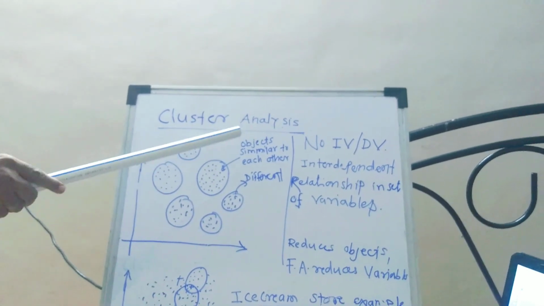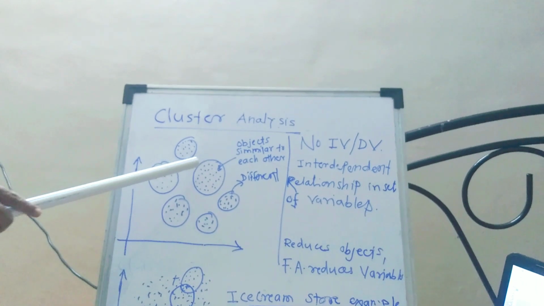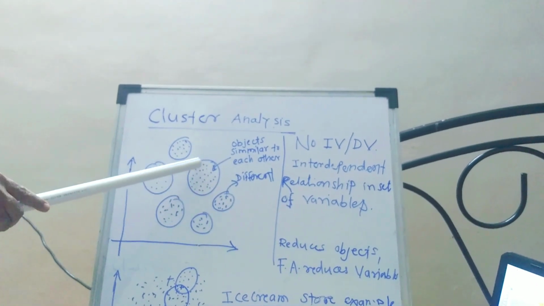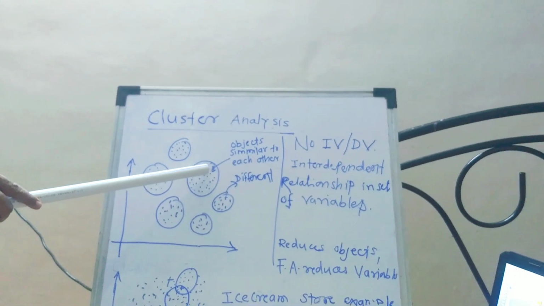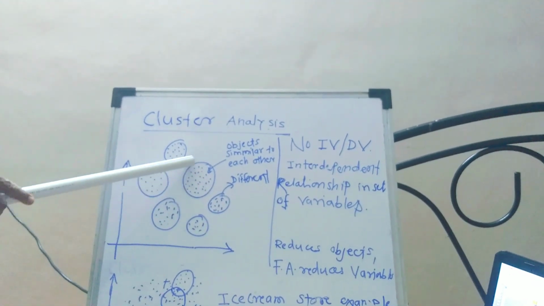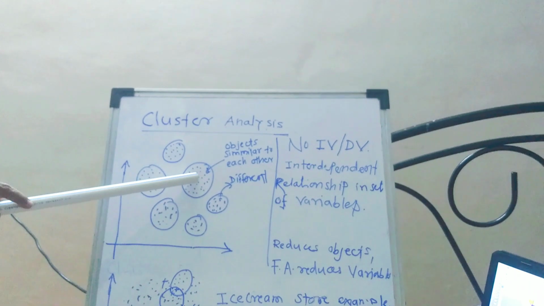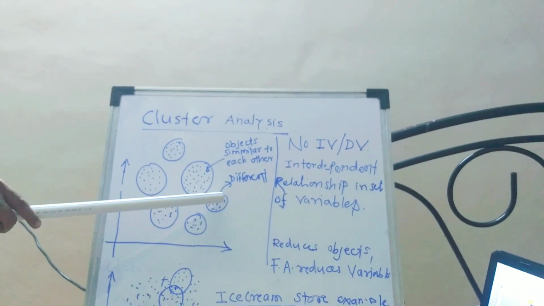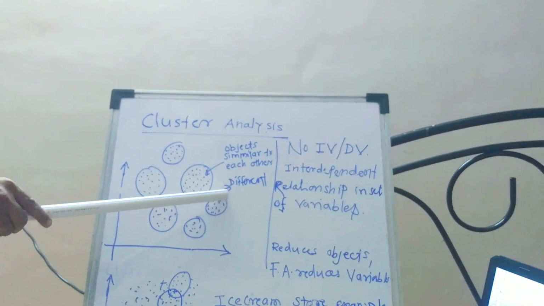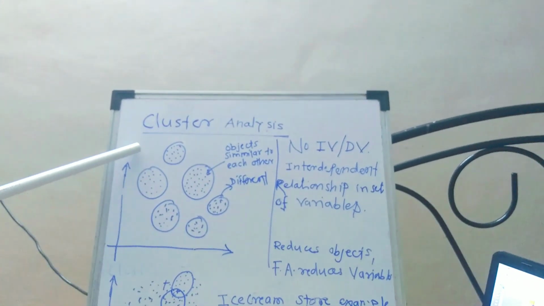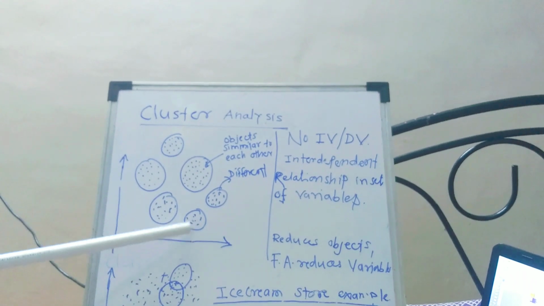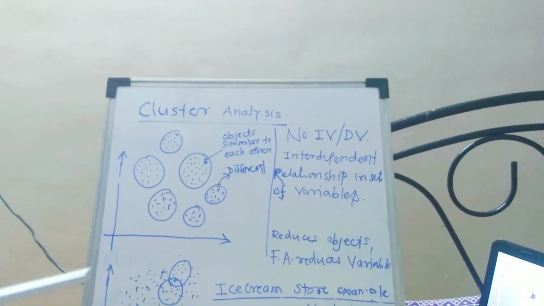You can see that objects or cases in one group are similar to each other. That's why they are clustered in one group, and they are different from the objects in a different cluster or group. As I said, this is a really ideal situation. You may not get it in practical things.